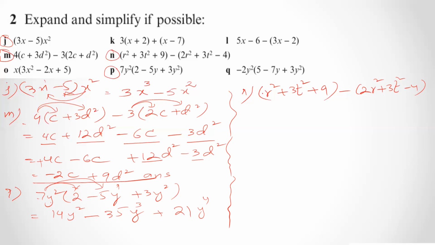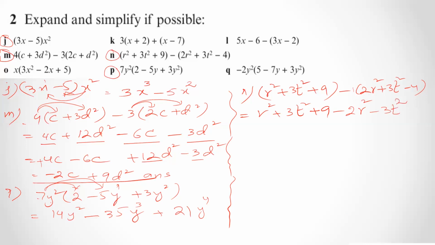It means we shall open the bracket as it is, writing the same values r power 2 plus 3t square plus 9. But we cannot do the same thing with the other bracket because outside this bracket there is a minus sign. So minus sign means there is minus 1. Minus 1 multiplied by 2r square becomes negative 2r square. Then negative 3t square.